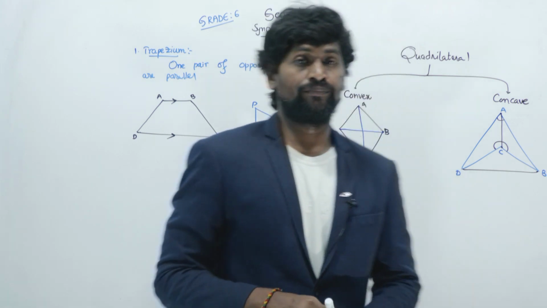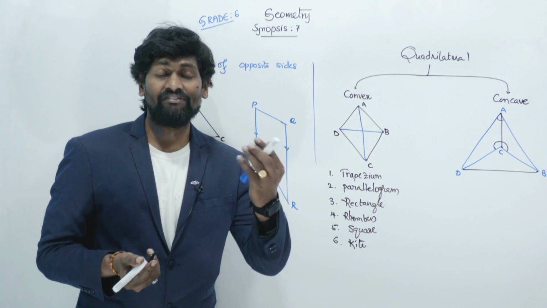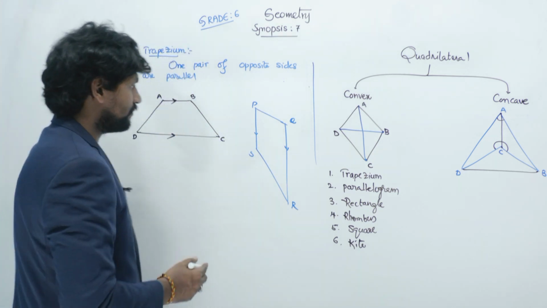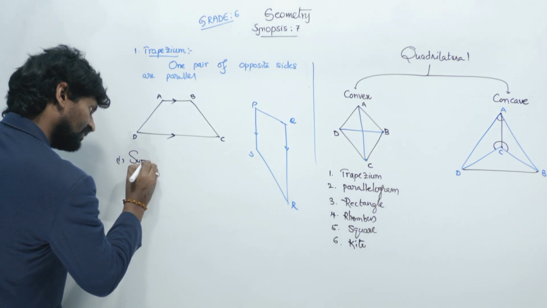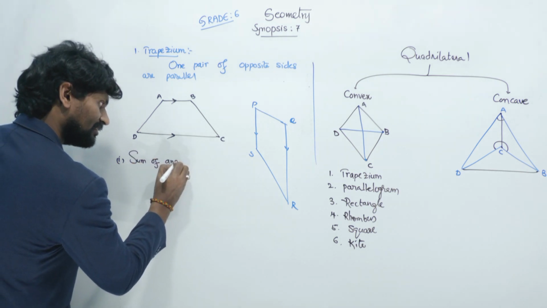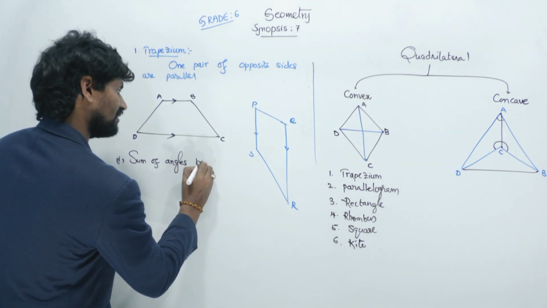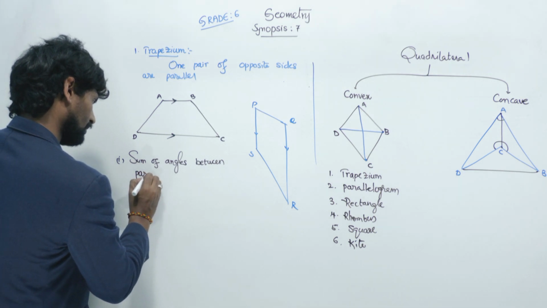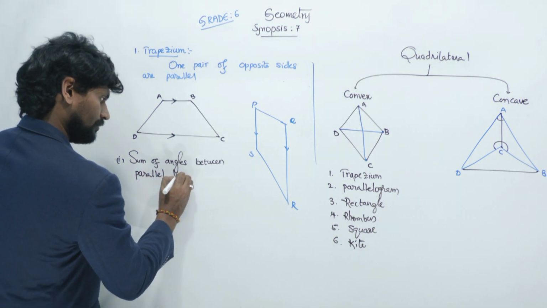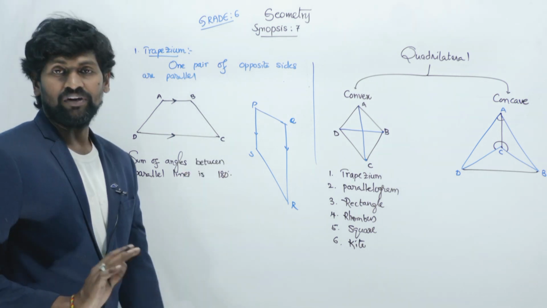In a trapezium, the sum of angles between parallel lines is supplementary. The property is the sum of angles between parallel lines. Supplementary is nothing but 180 degrees.